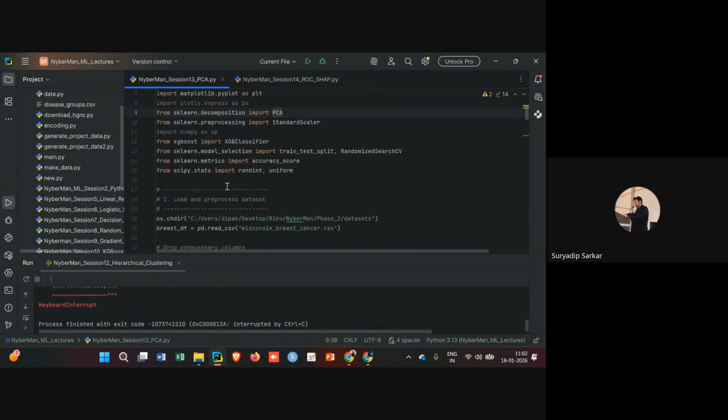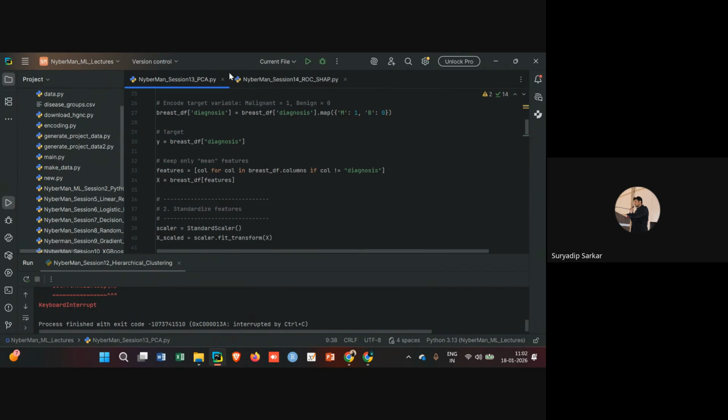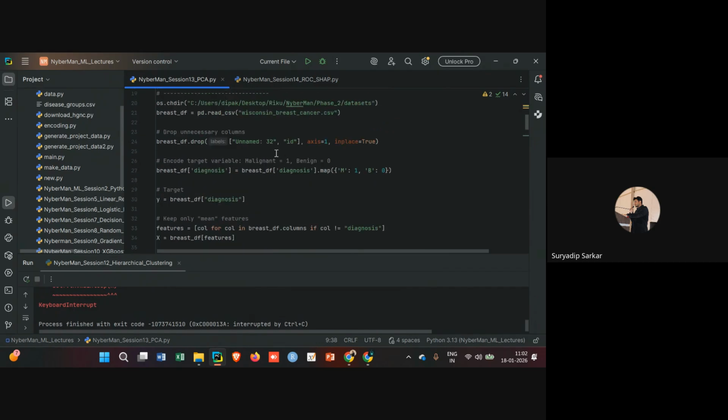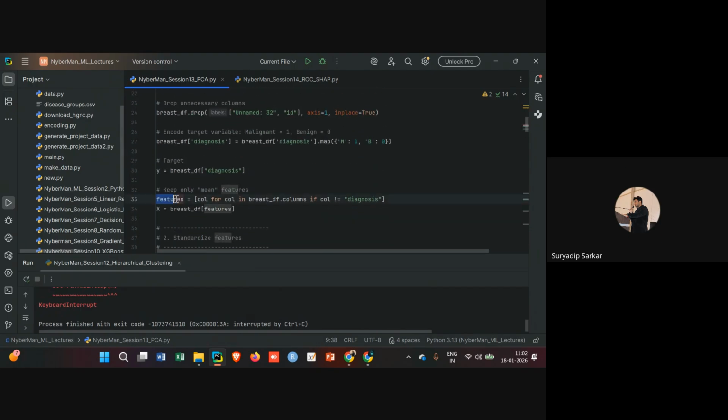Let me actually go ahead and do that here. Since we are doing PCA here, let us not select only certain features. Instead we will use all the features which are present apart from diagnosis.